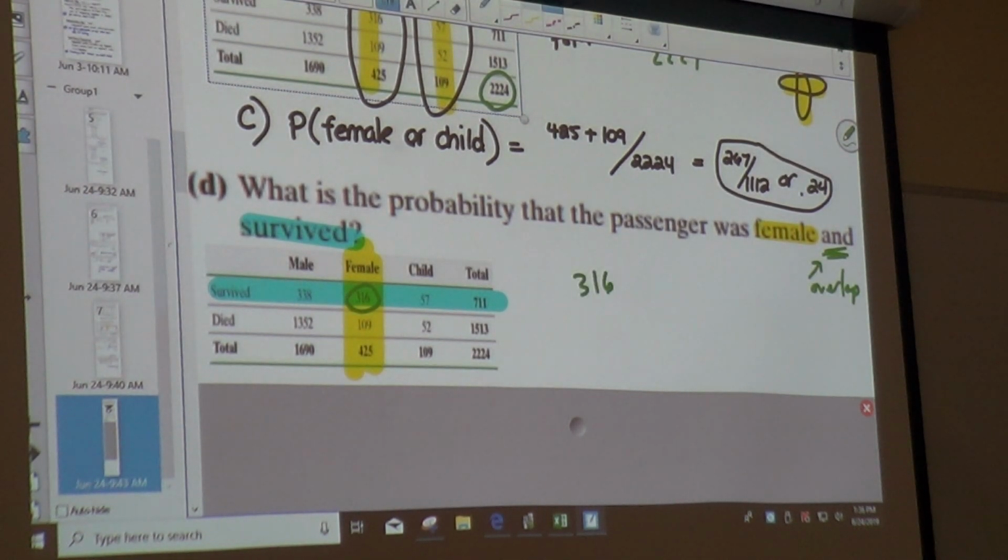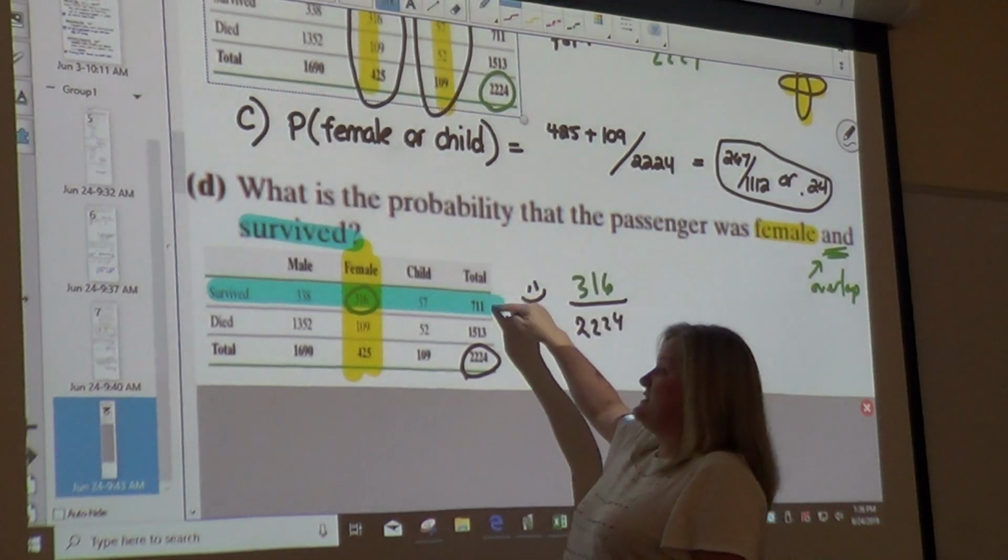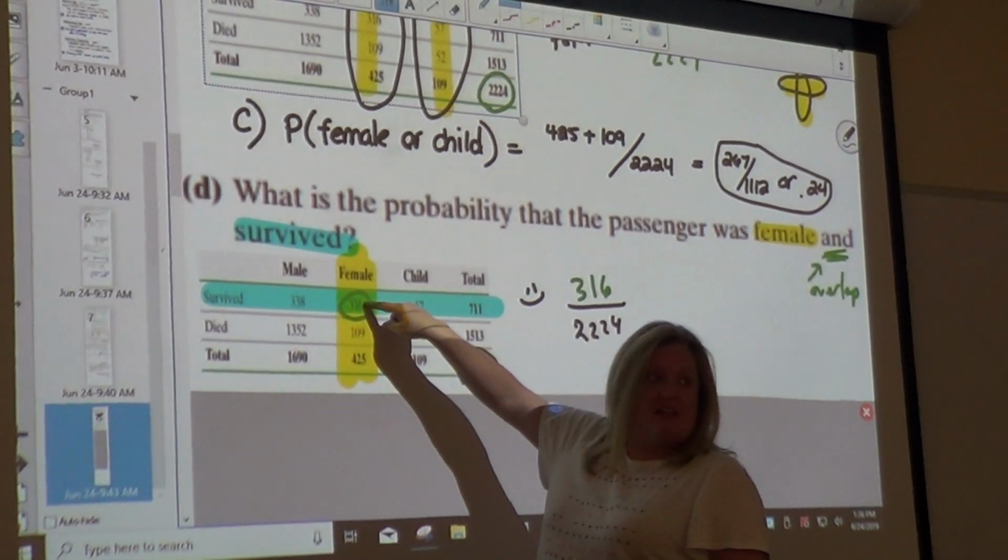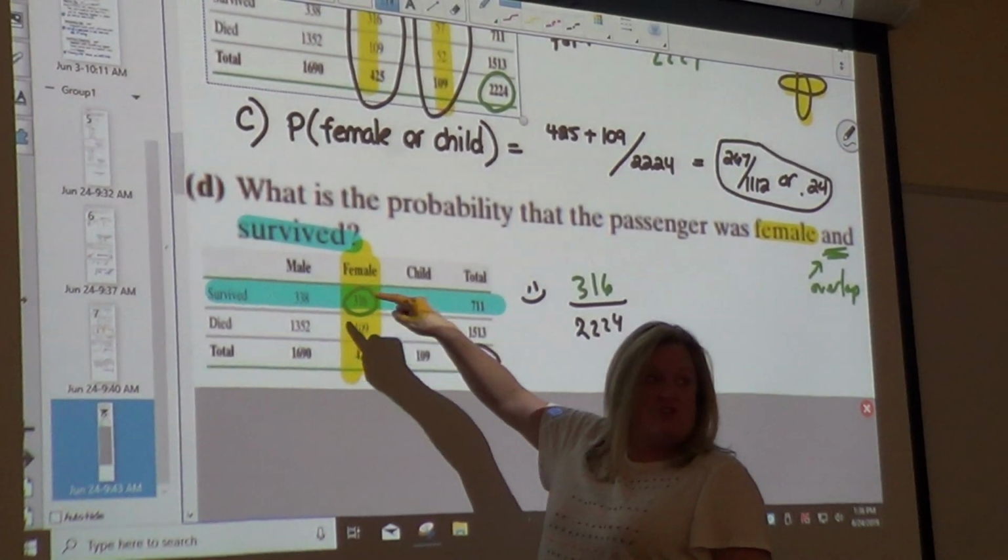That's our 316. Our total is the 2224. Now, if it would have said or, it would have been 711 plus 425 minus the 316, which is our double dip.